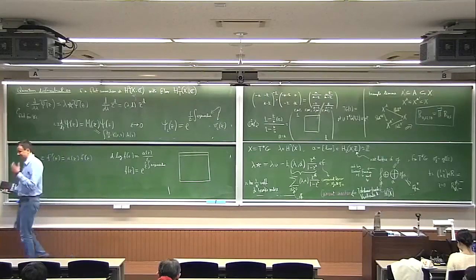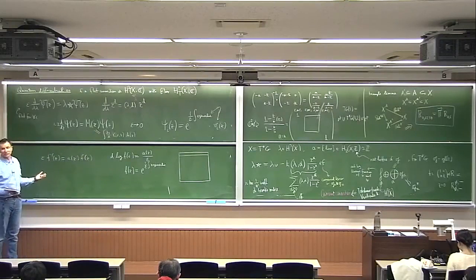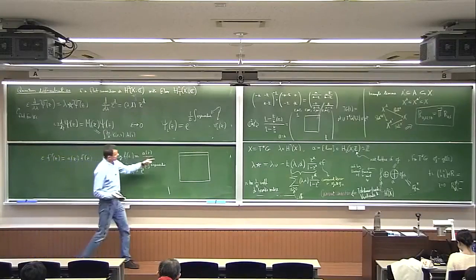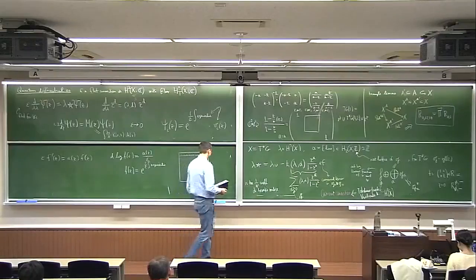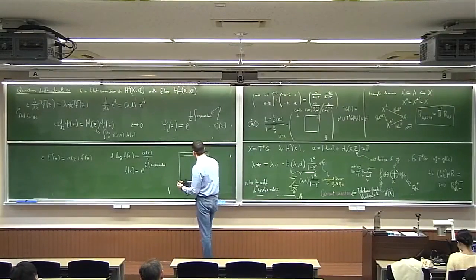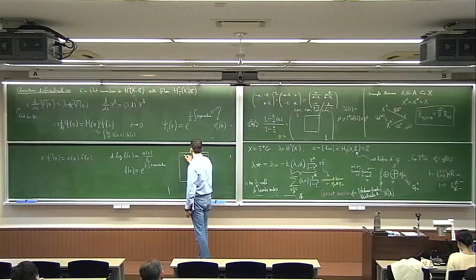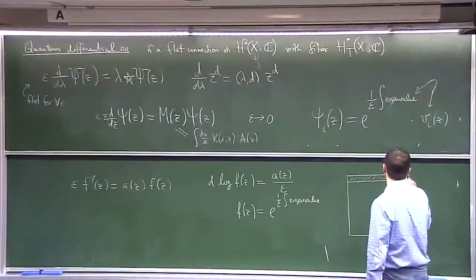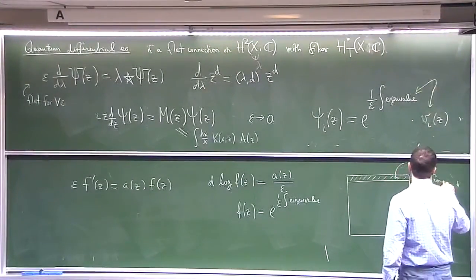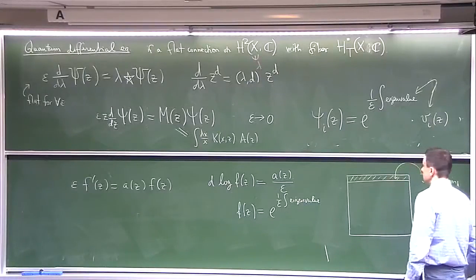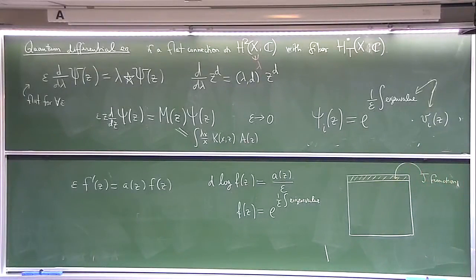There is a Givental style solution of the quantum differential equation, and in particular, one row in this Givental matrix is what's called the J function. This is the J function, just call it J function.